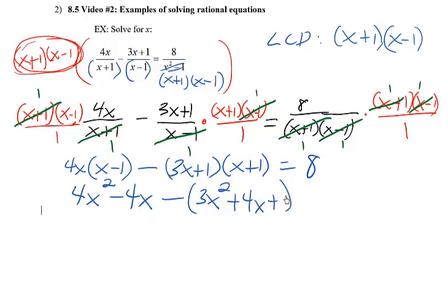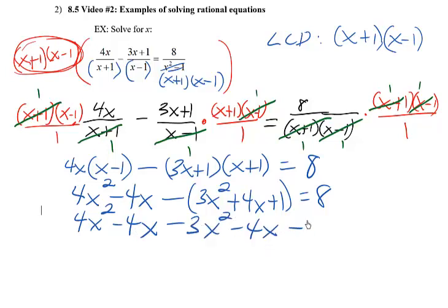And 1 times 1 would be 1 for the last, equals 8. And then to get rid of this parentheses, I'll go ahead and distribute this minus sign through all of these pieces. So the front part stays the same, and then I have minus 3x squared minus 4x minus 1 equals the 8. That was me taking this negative and distributing it to all those three pieces.